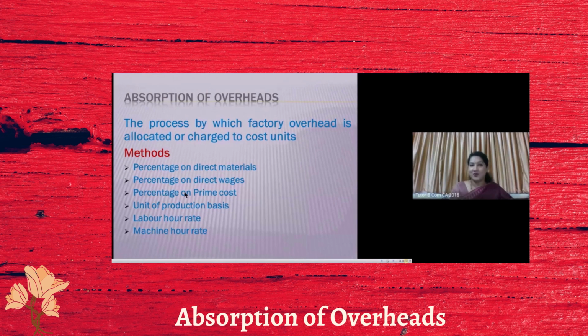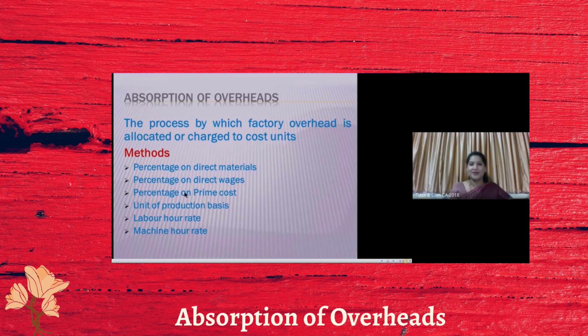Third one, it would be based on prime cost, which is a total of direct materials, direct labor, and if there are any direct expenses, that also would be taken care of. Then the next method is all about computation on the basis of unit of production. Number of units produced, which can be expressed in number or in kilos, depending on the nature of the product.